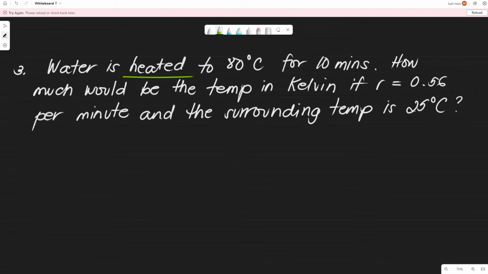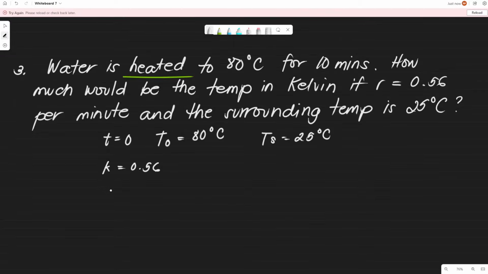So our initial condition here is that at time 0, the temperature of the water is 80 degrees. The analysis is reversed. At time 0, our T sub O is 80 degrees Celsius. The rate K is 0.56. T sub S is 25 degrees Celsius.